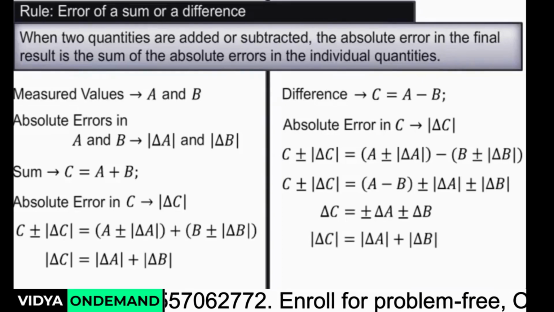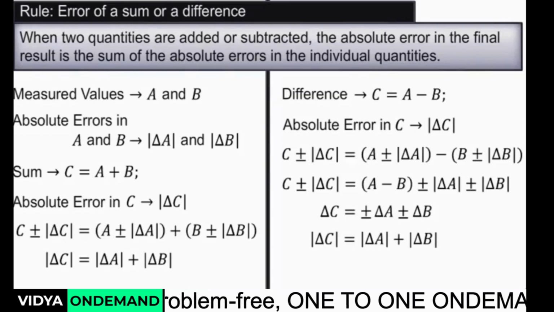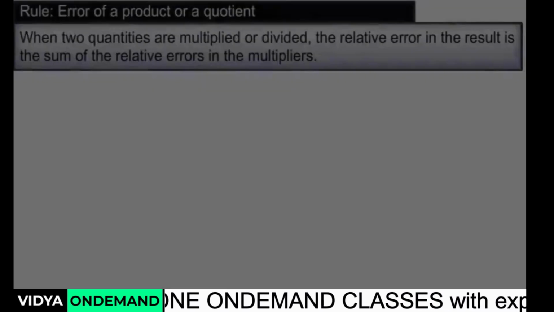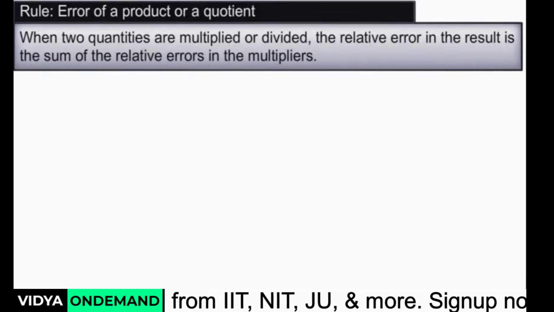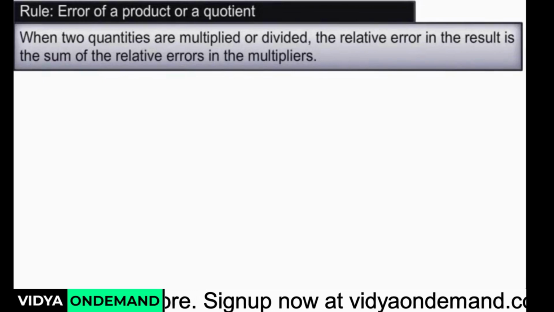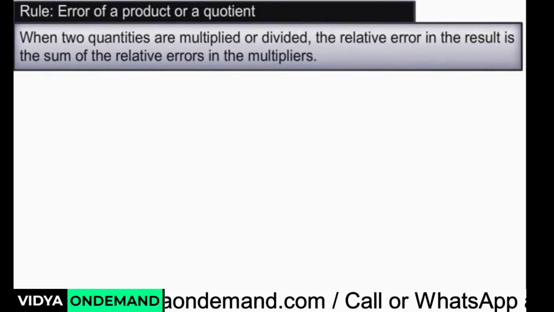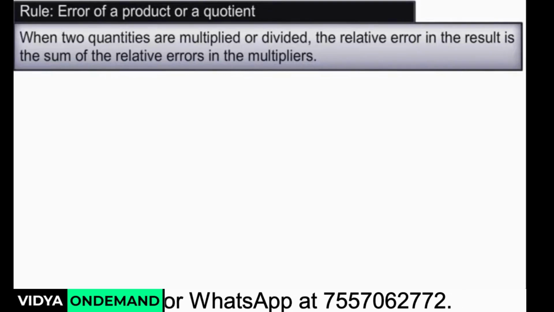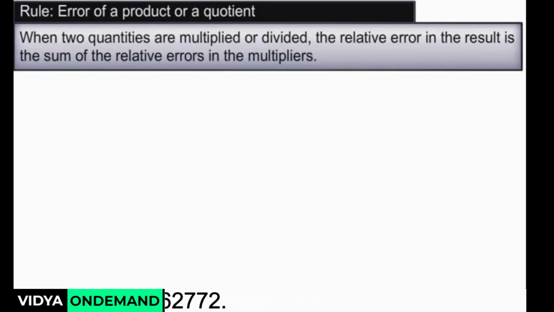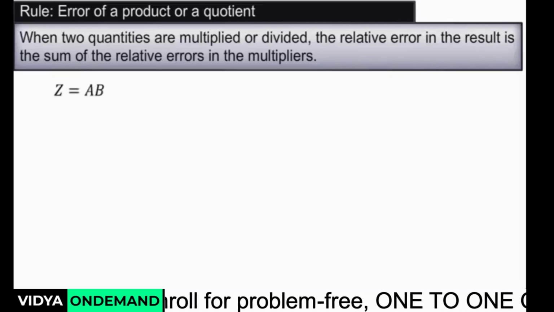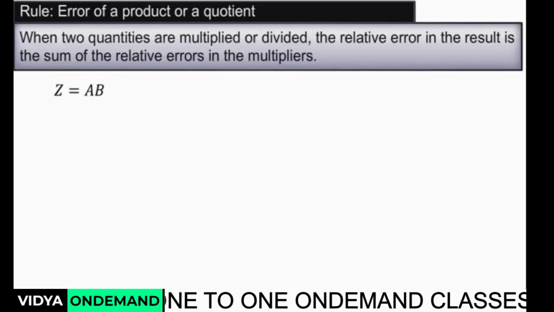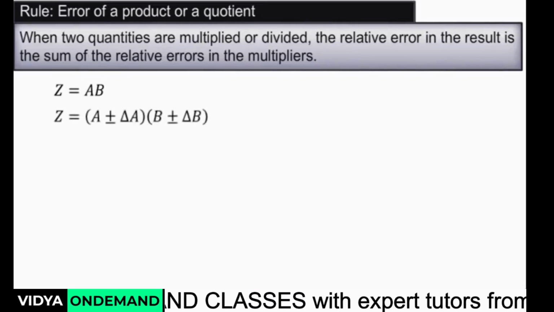When two quantities are multiplied or divided, the relative error in the result is the sum of the relative errors in the multipliers. Suppose a measurement Z = A times B, and the measured values of A and B are A ± ΔA and B ± ΔB.